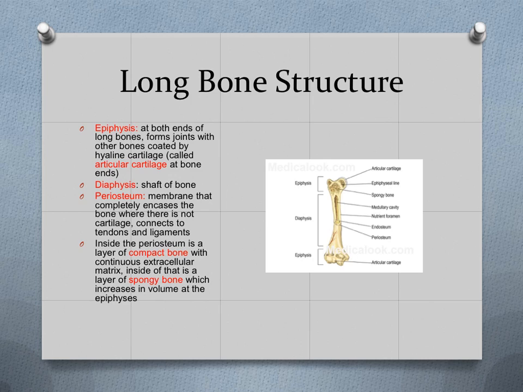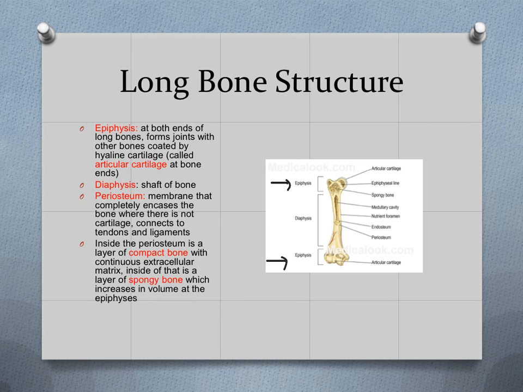So we're going to look at the structure of the long bone because it is so important in the storage of all these different things, and it's really important in your general overall height and how you grow and develop. So both ends of the long bone are called the epiphysis. So you can see like this is an example of a femur, which is the upper leg bone. So you have an epiphysis, you have an end here, and you have an end here.